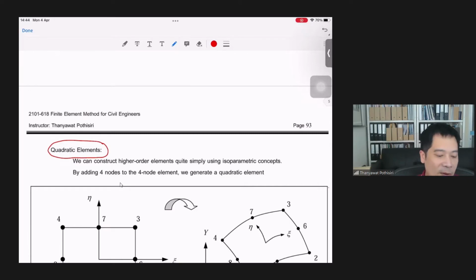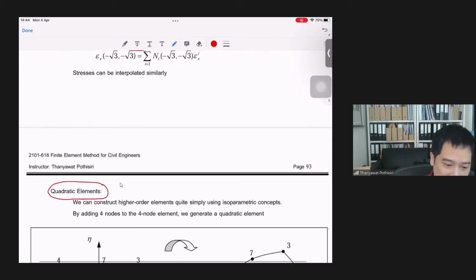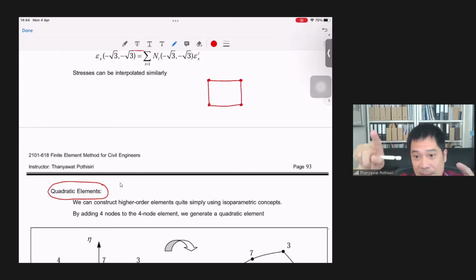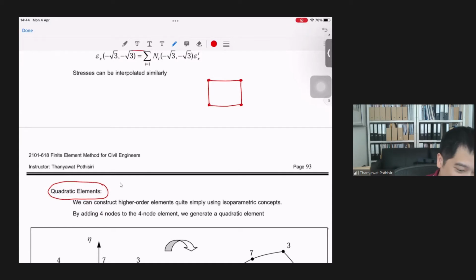We've seen before that for elements with linear approximation, for example, for 4-node elements, the edge of the element, if you look at its deformed shape, must remain linear, right?